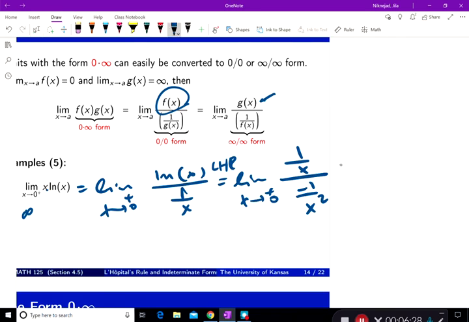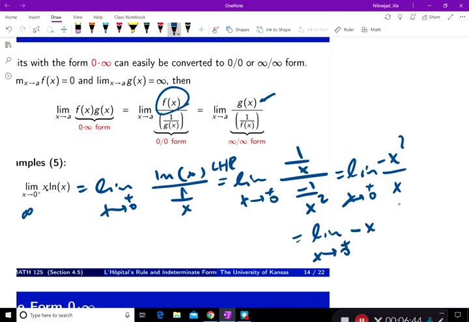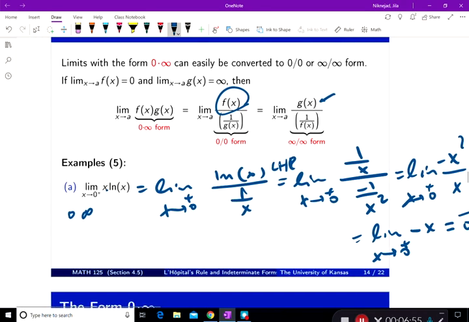Simplifying here gives me negative x squared over x, which is negative x as x approaches 0 from the right, and that's equal to 0. And so the answer to this is 0.